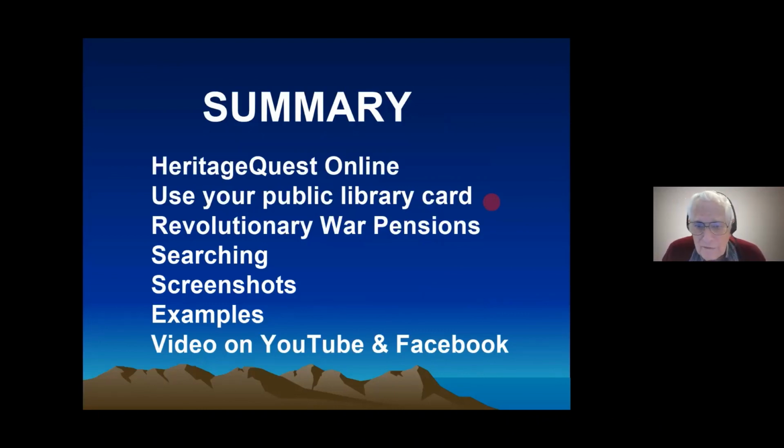And I've given you the link for the Utah one, so any public library card in Utah will get you into that one. The Revolutionary War pension records is what we looked at today. We looked a little bit at searching and finding stuff, and then screenshots and downloading. It's too bad you can't download the whole file itself without having to do it a single shot at a time, but that's the way they've got it.